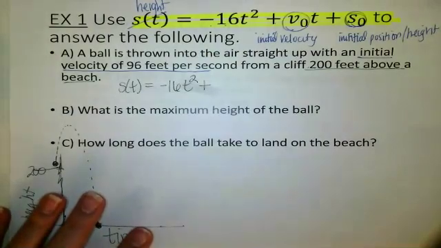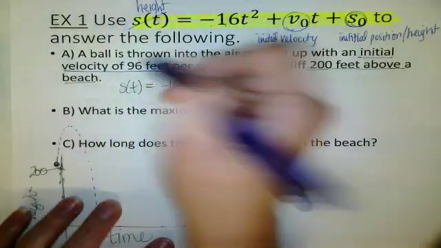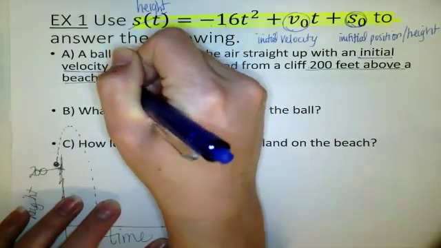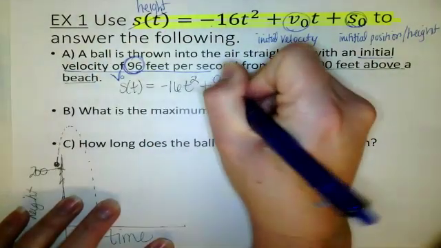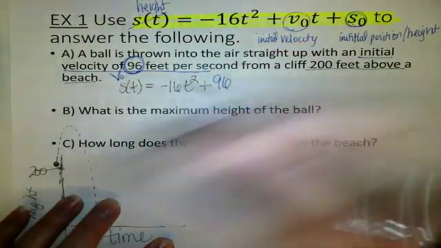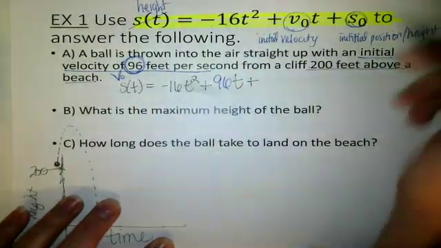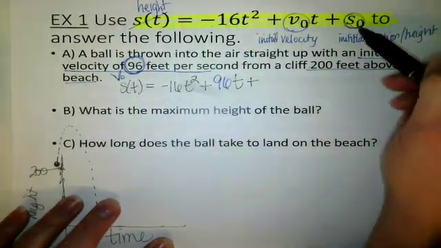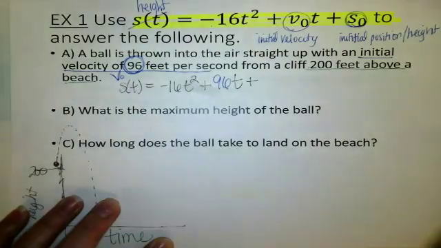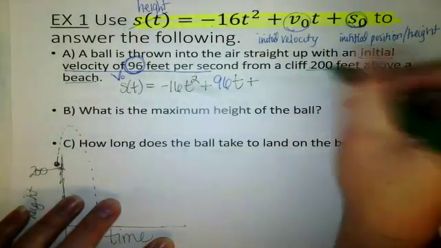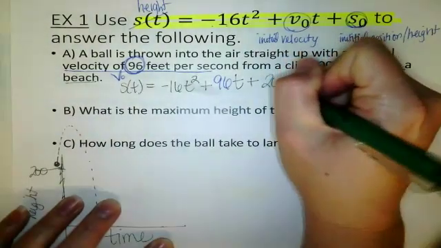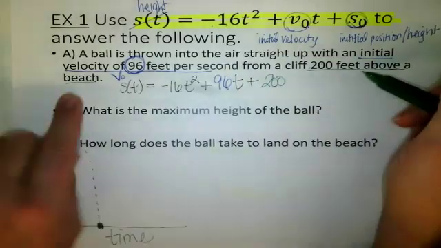What is the initial velocity of the ball? 96 feet per second. That is the initial velocity, so we're going to plug in the 96. It has a t next to it. Plus, what is the initial position of the ball? 200 feet. 200 feet above the beach. 200 feet above the ground.